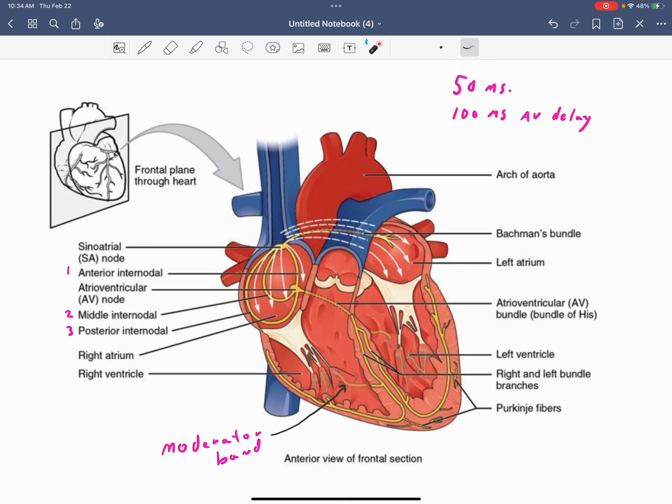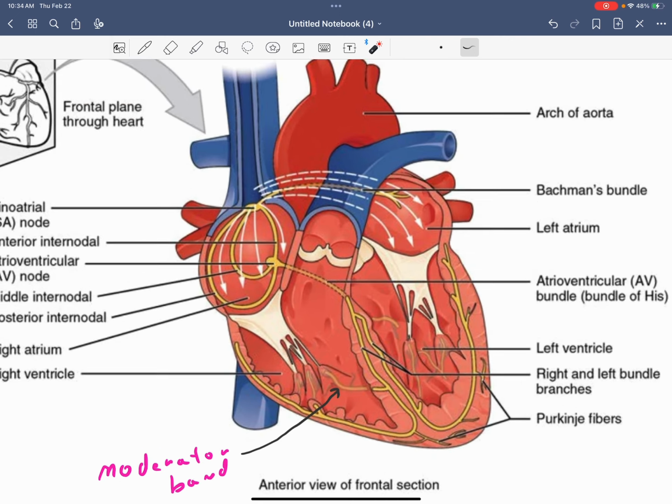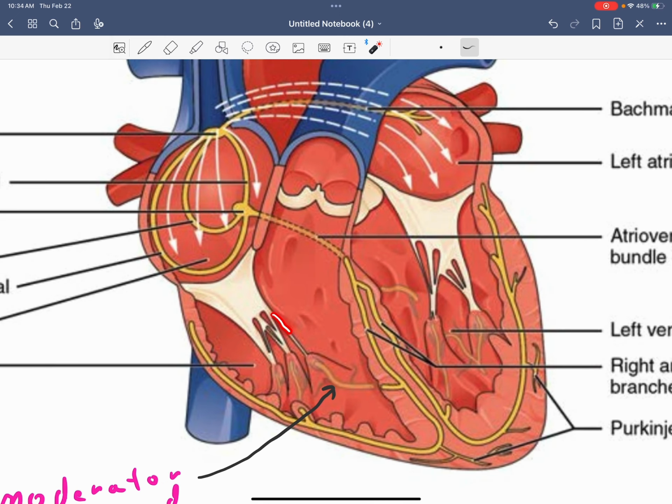And this helps to take out some of the slack that would be in the chordae tendineae, because once the ventricle starts to contract and pressure builds up, that's what causes the valves to close between the atrium and the ventricle.